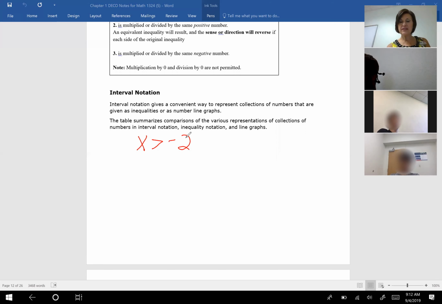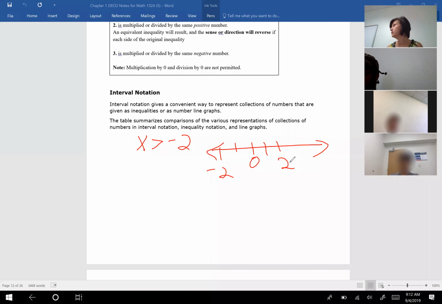If I were to put this on a number line, okay, think back to probably middle school. If you did some graphing with a number line, you remember when you had inequalities, how would you show it? I want you to start at -2, but don't count it.